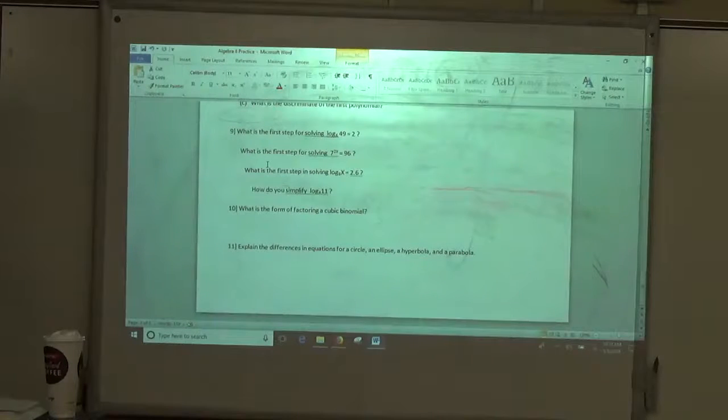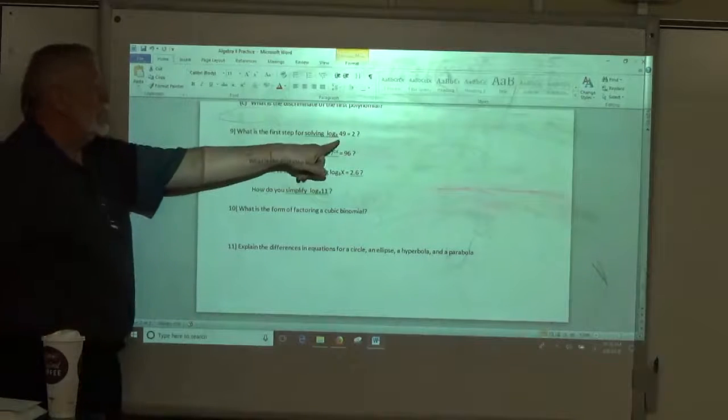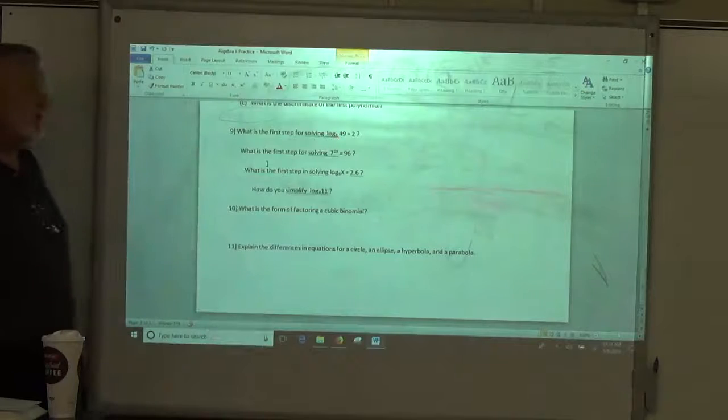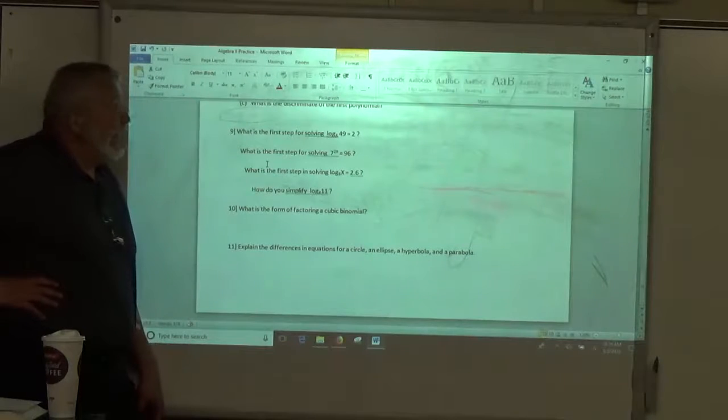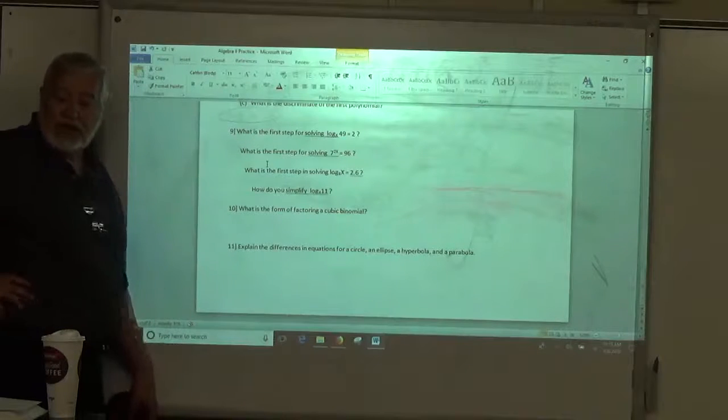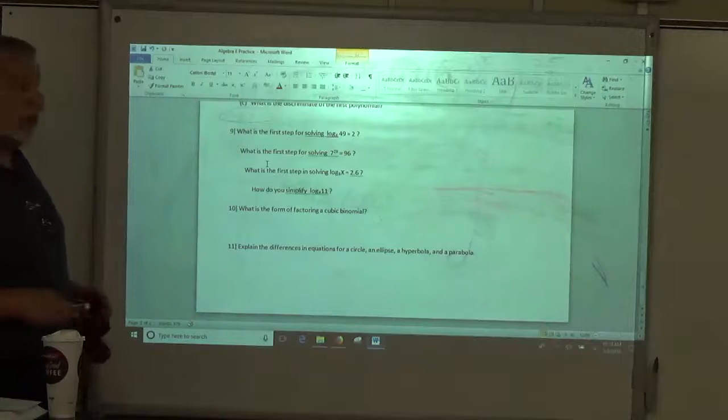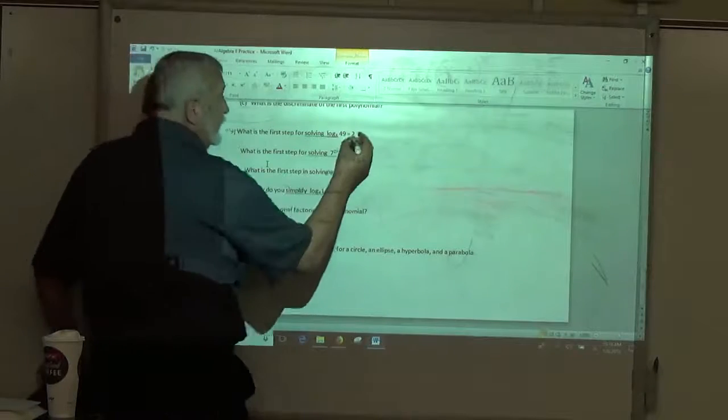Okay, now, all right, so here's logarithm. What's the first step that you do if you have this problem to solve it? All right, can you put that in the calculator the way it is? Nope. Therefore you're going to have to convert it. Convert it to what?